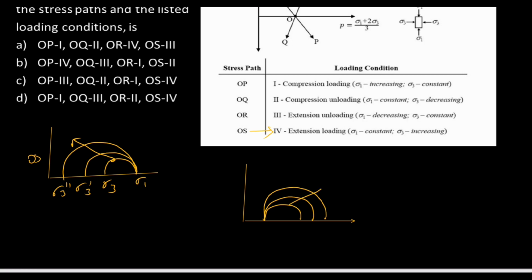The left side will be sigma 3, and sigma 1, sigma 1 dash, sigma 1 double dash. For OR, sigma 1 is increasing and sigma 3 is constant.